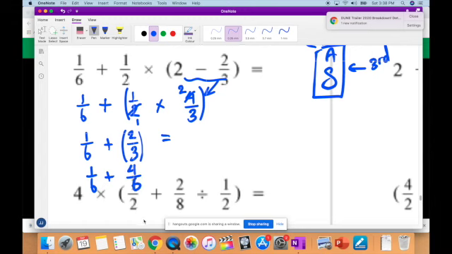So instead of doing all the LCM thing, you just multiply this by 2 and you get the equivalent fraction because these two are the same thing. So now I have 4 on 6 plus 1 on 6 to give me 5 on 6.